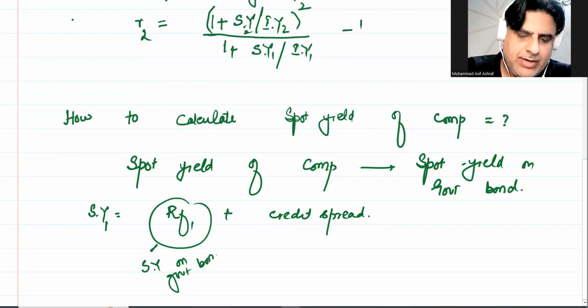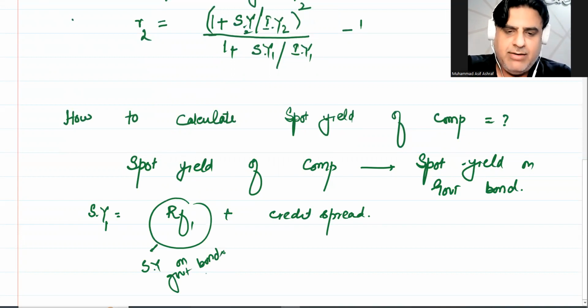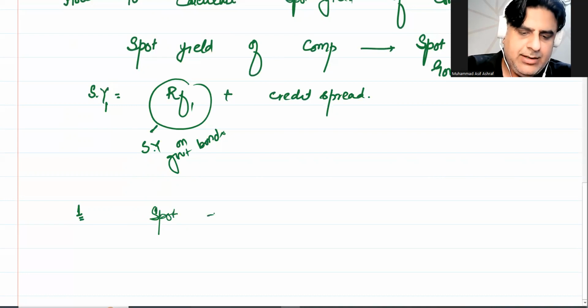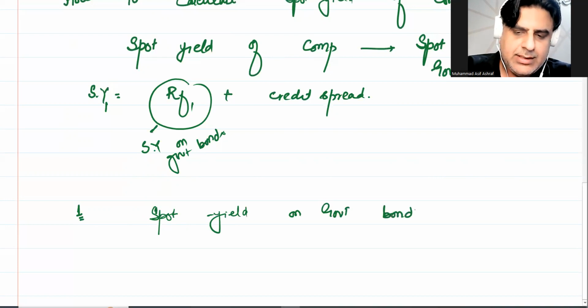So whenever you see that you are given the spot yield on government bonds, the first step is to check the spot yield on government bonds. Then step number two, use the CAPM equation.